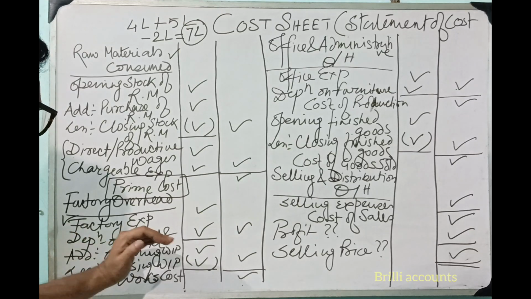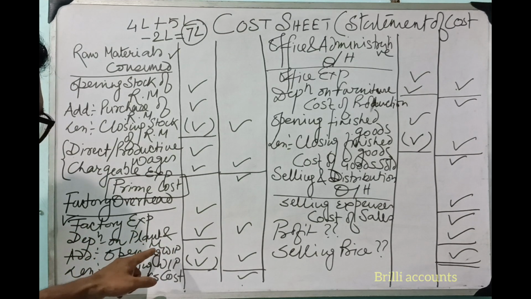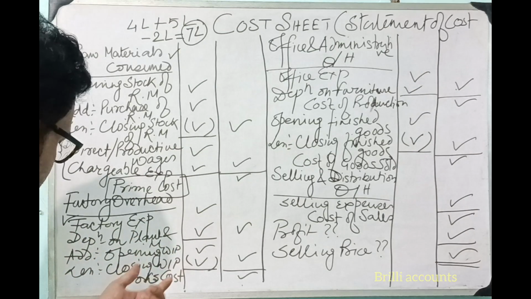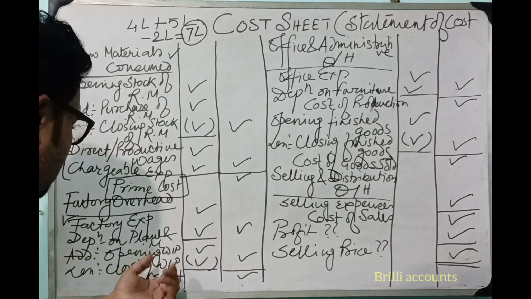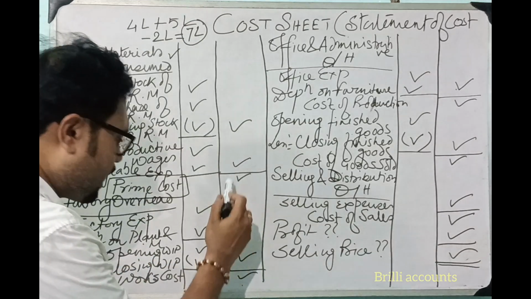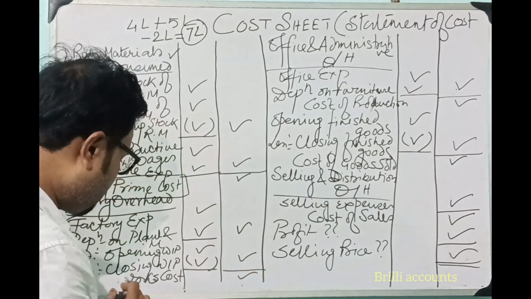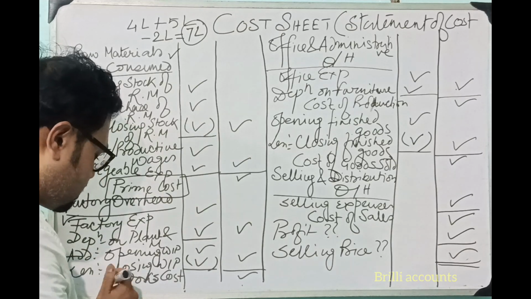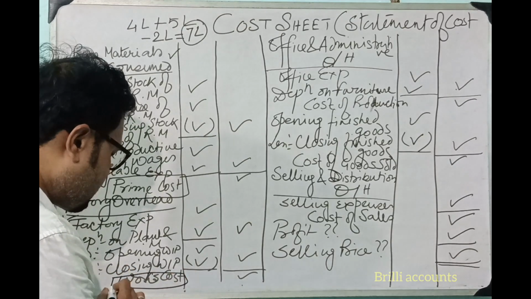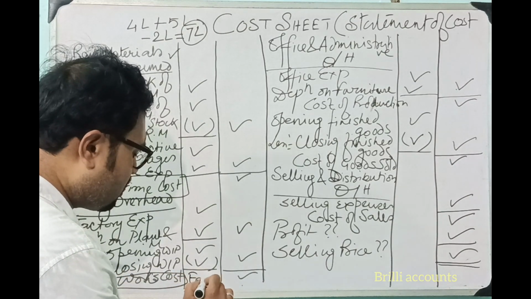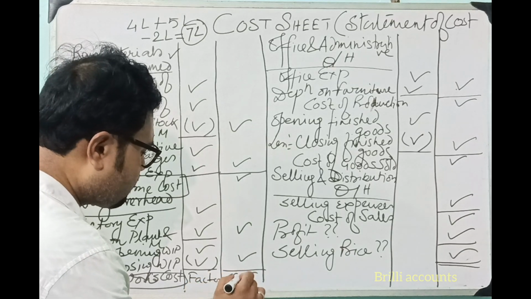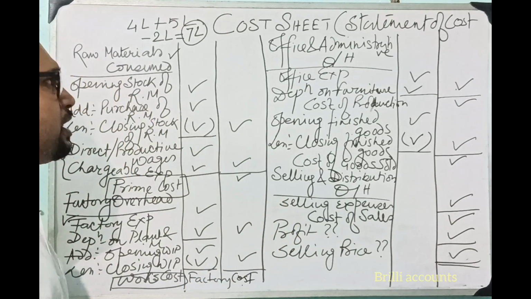So here, after this, we are writing opening WIP, work in progress, less closing WIP, and together the cost coming is called works cost. This is called works cost, or another name is factory cost.